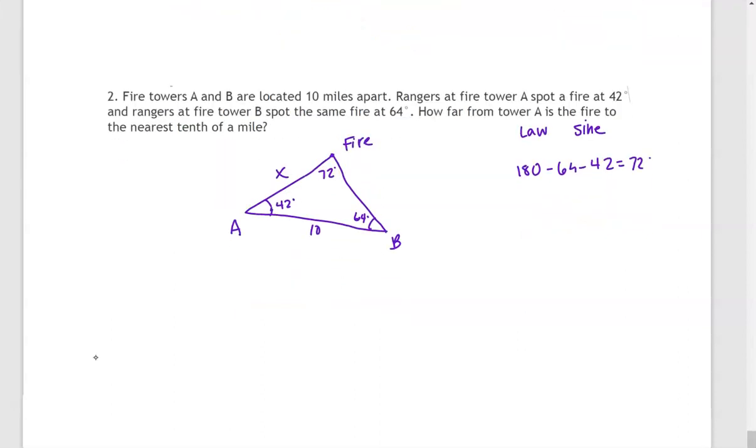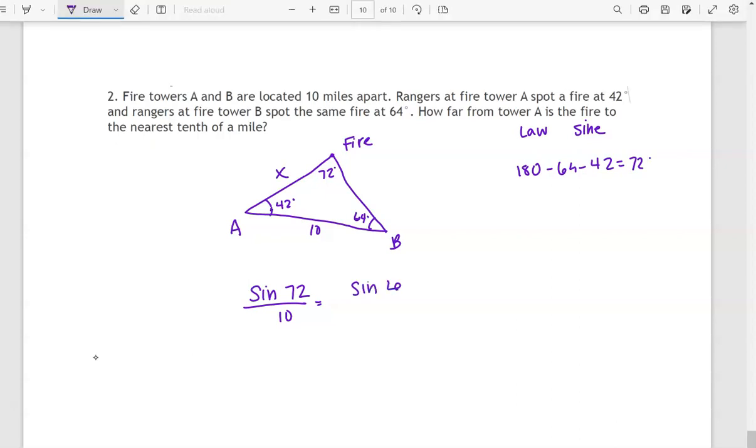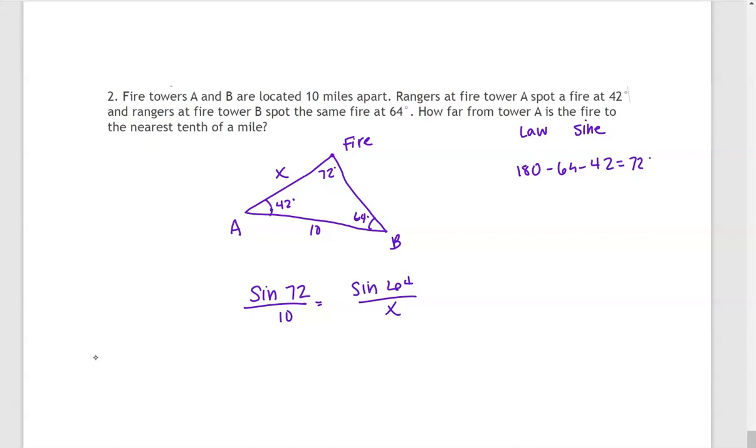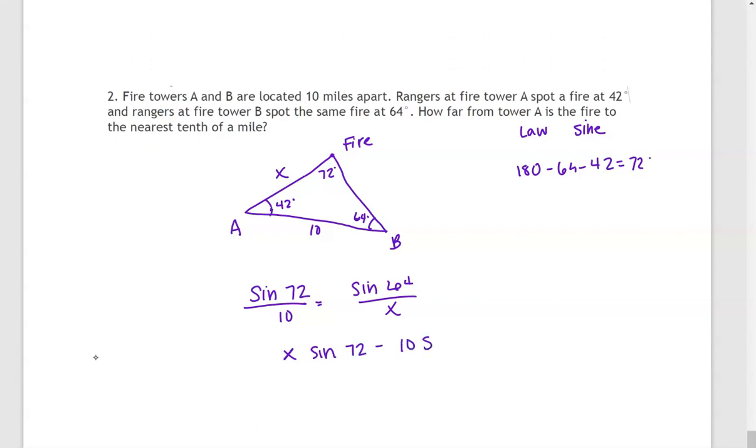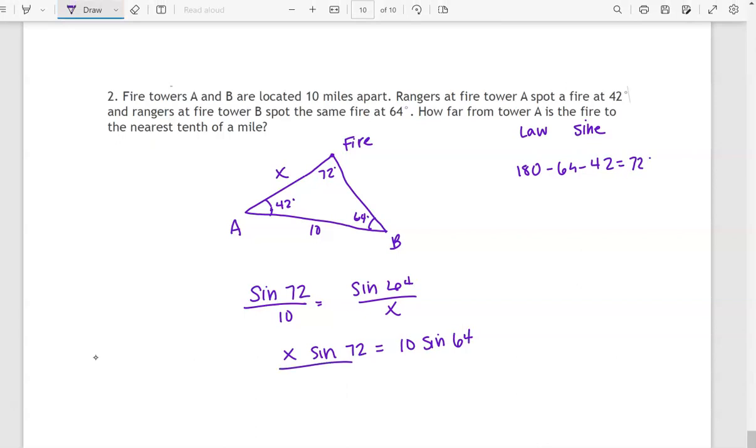So that's going to be sine 74 over 10 is equal to sine 64 over x. And then we're going to cross multiply and divide.